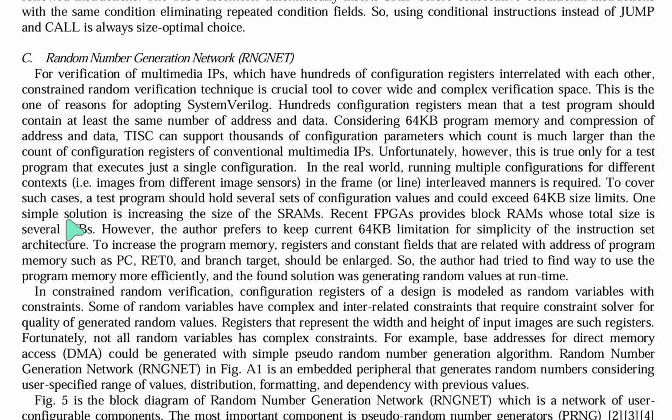One simple solution is increasing the size of the SRAM. Some FPGAs provide block RAMs whose total size is several megabytes. However, the author prefers to keep the current 64 kilobyte limitation for simplicity of the instruction set architecture.